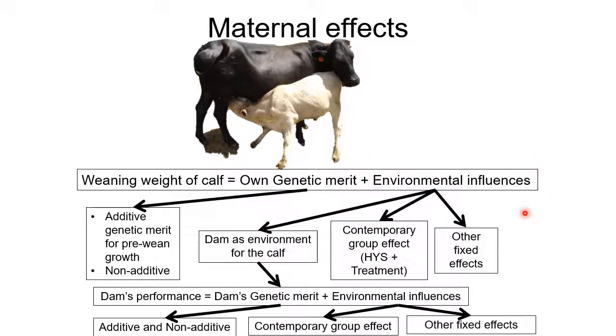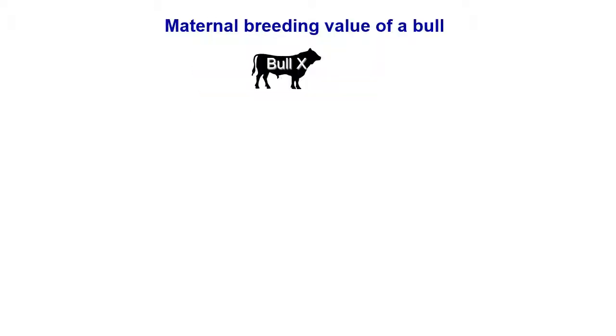Within the environmental influences as far as the calf is concerned, you also have to add some additive effects, and that's the genetic merit of the cow to look after the calf. So just to illustrate the maternal breeding value of a bull, although you cannot measure the maternal value in a bull, you can measure it in its related animals, female related animals.